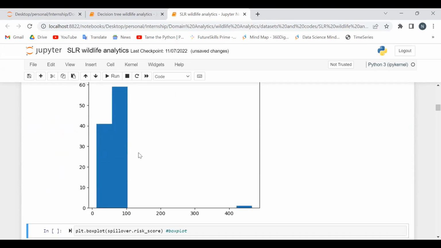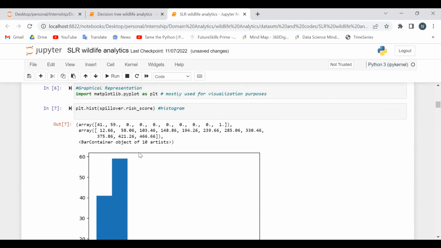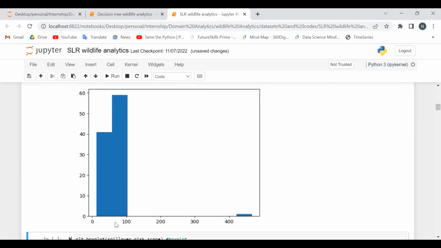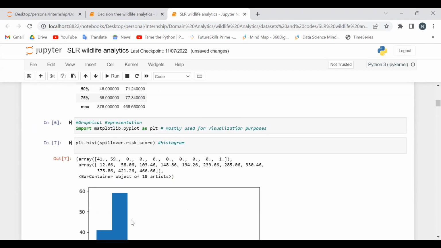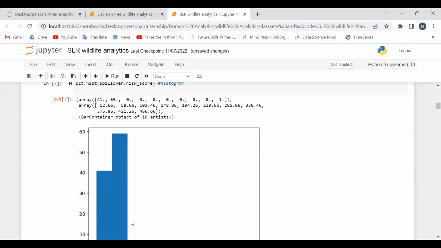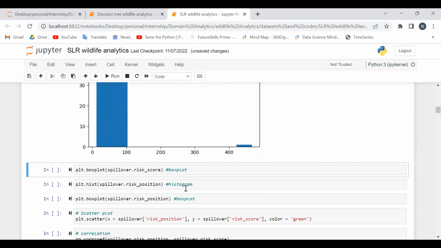We can see here the risk score is between 0 to 100 and somewhere after 400, meaning this is not that risky, but the 0 to 100 risk score of the pathogens is troublesome.